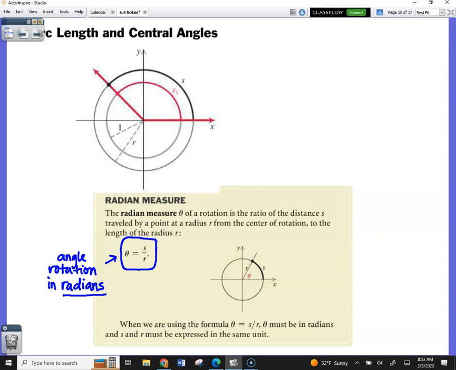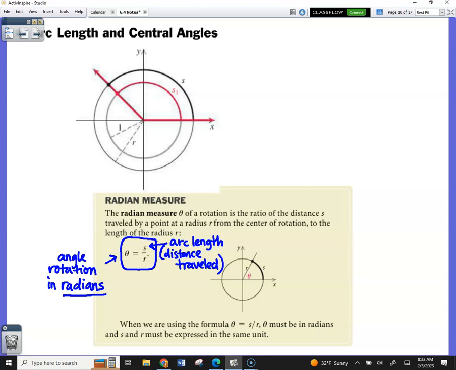S stands for the arc length. When we say arc length, we mean the distance traveled. So you need to associate the phrase arc length with the understanding that it means distance traveled.